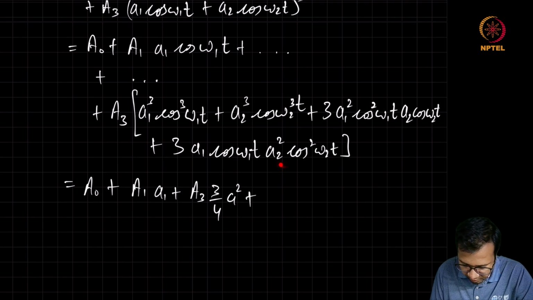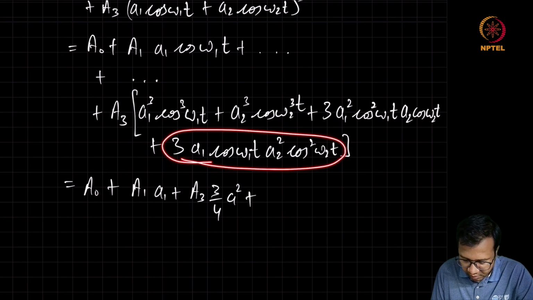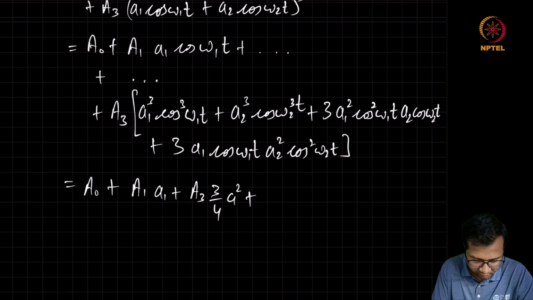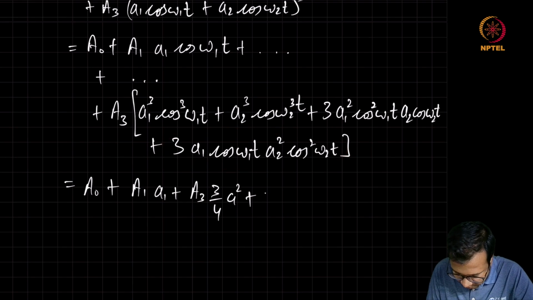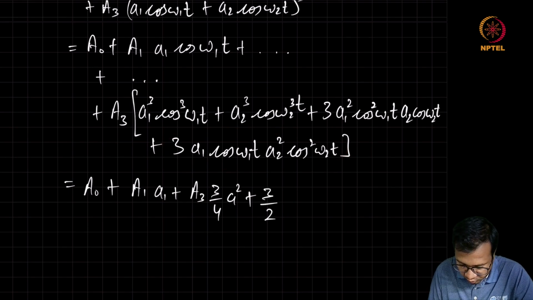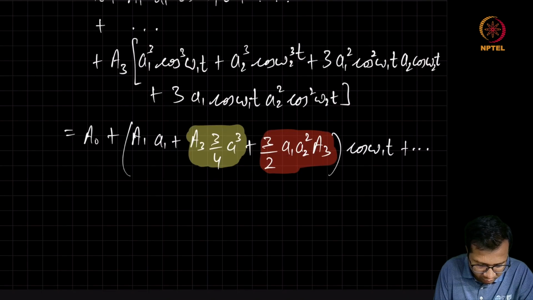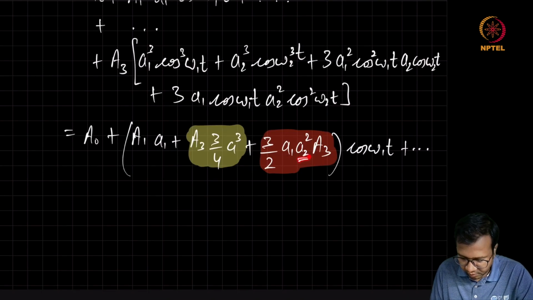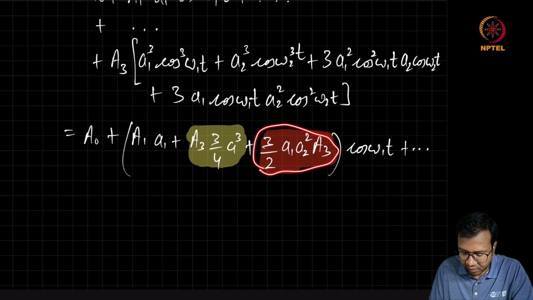Then, because of this cross product, we are going to get 3 by 2 A1 A2 square A3 term also involved. So this A2 square is multiplied with the other 3 by 2 A1 A3.